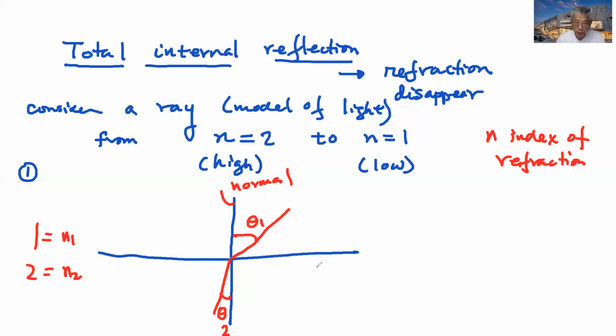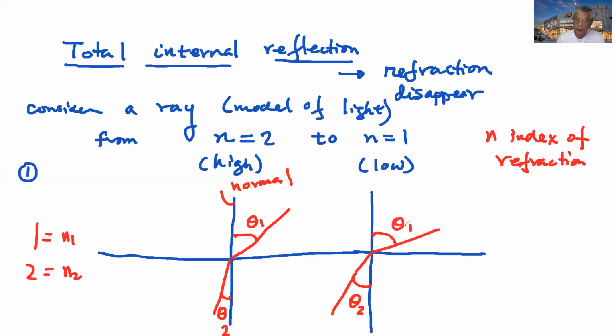Now if I'm increasing this, I'm going to draw this one again. I'm increasing the angle, so I'm making my theta 2 like that now. So this one has to become like that, and this will be my theta 1 now. If you keep on increasing, at some point this is going to skim the surface.